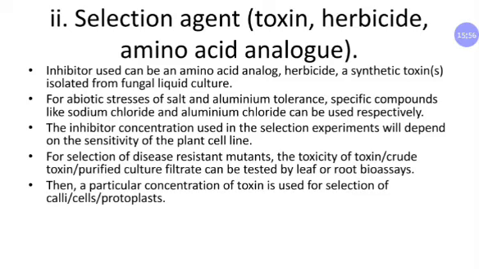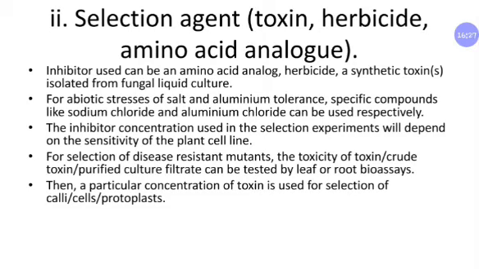The inhibitor concentration used in the selection experiments depends on the sensitivity of the plant cell line. To select a disease-resistant mutant, we use toxins or crude toxin or purified culture filtrate as a selection agent. So, to select that, first of all, we should check the toxicity of these toxins, and only then the concentration of the toxin to be used will be known.